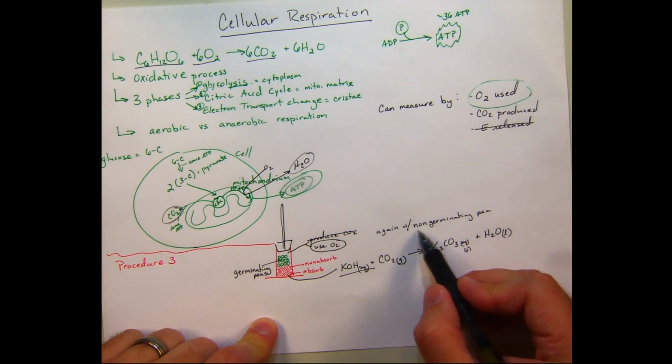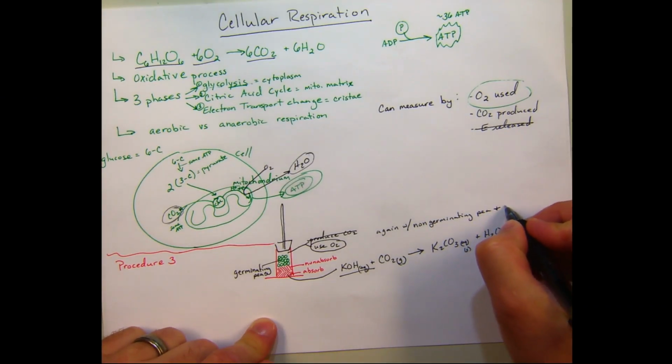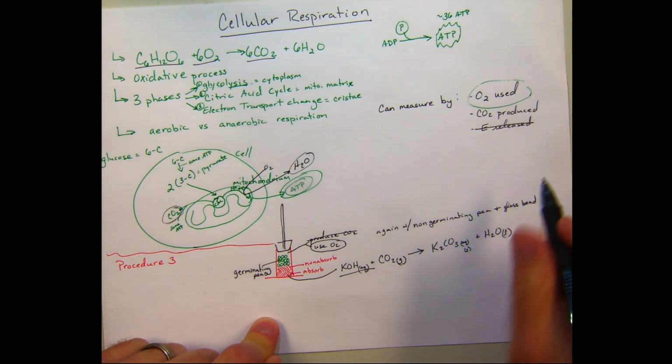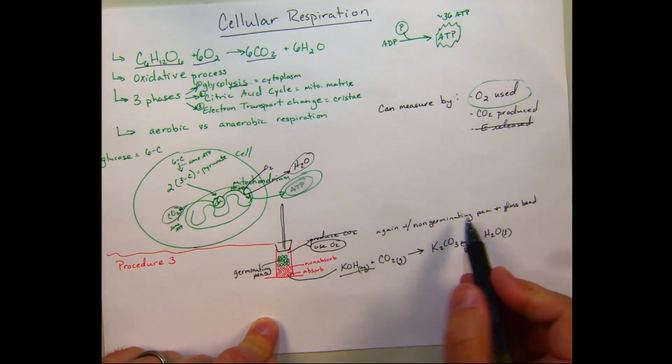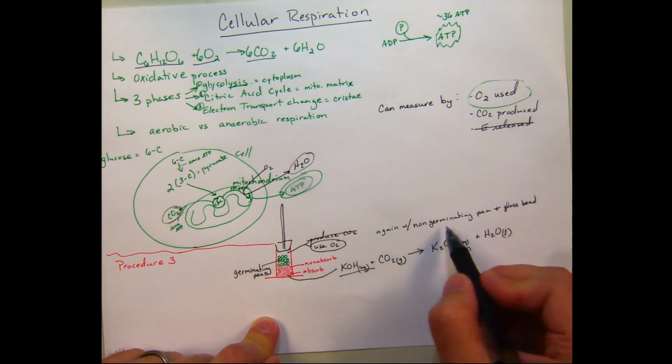And since they will not be as large, you're going to have to add some glass beads. So this is actually a control for volume, just so we know that it's the germinating peas that cause the oxygen use, not the non-germinating peas.